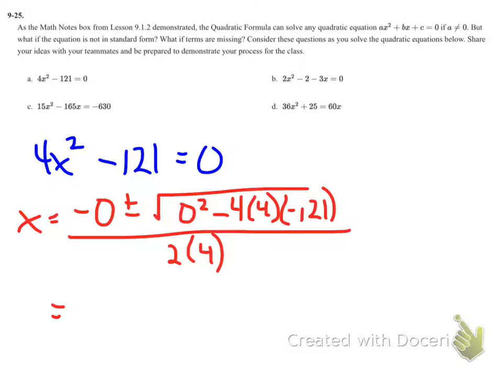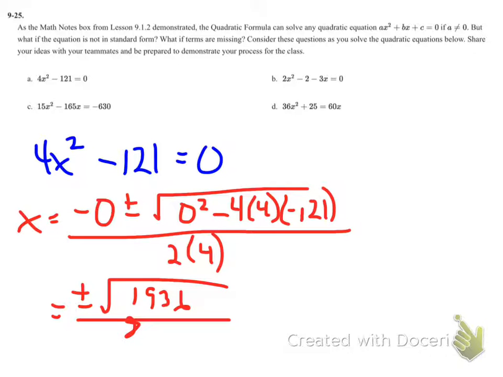So now I have a plus or minus. 0 squared is 0, so I don't have to write that. So now I have a negative 4 times a negative 121. That is 1,936 divided by 8. Taking the square root of 1,936, that is 44 over 8. So now I have plus or minus 44 over 8.